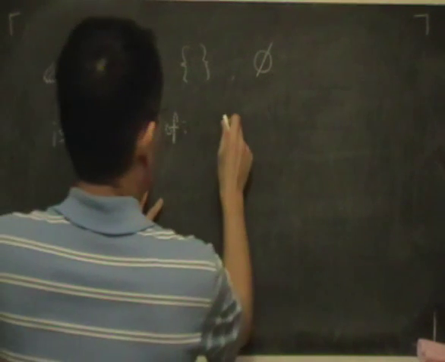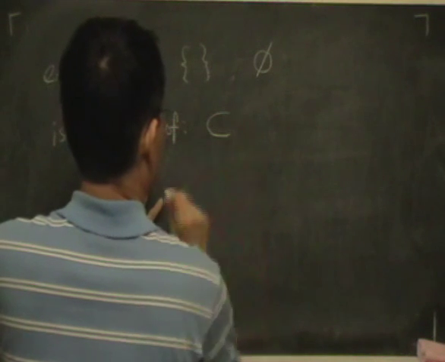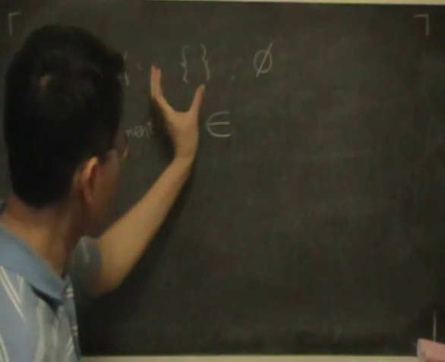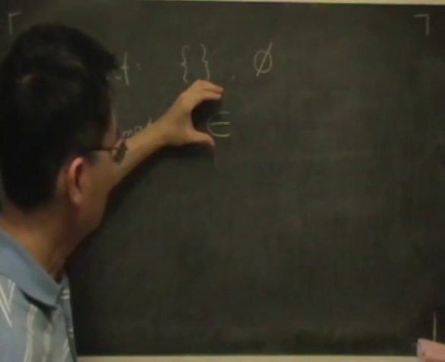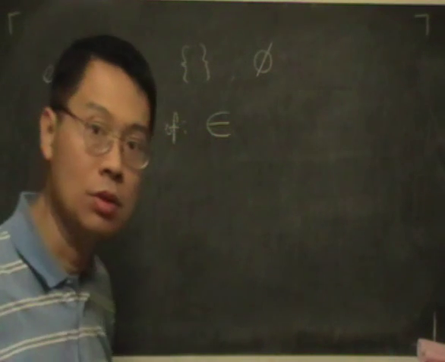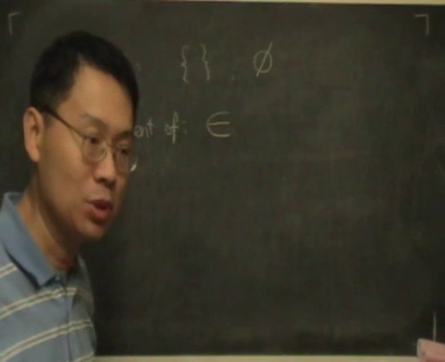The symbol is like that. Okay, sort of like a U rotated by 90 degrees and with a line going through the center. So this symbol means "is an element of."